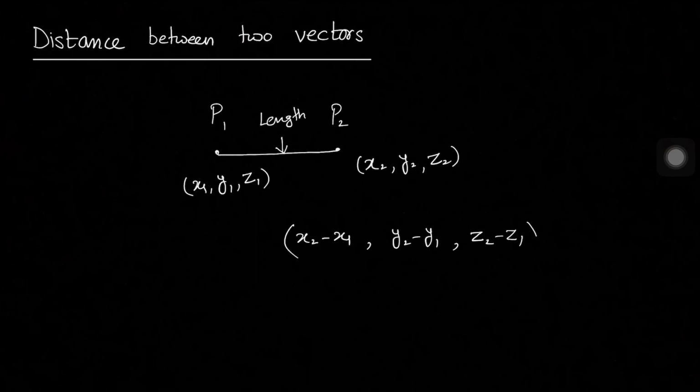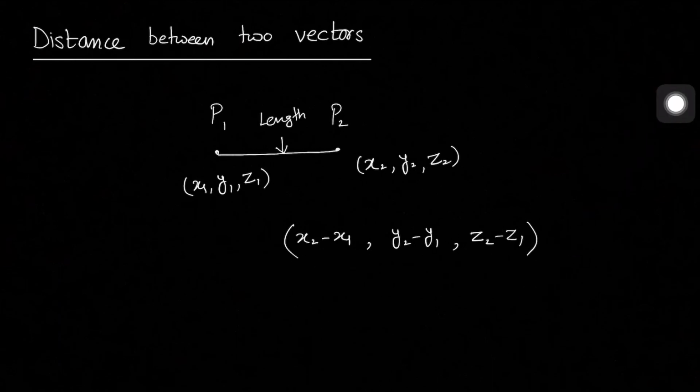So basically, in finding the distance between p1 and p2, we have to find the length of this vector. Two points are given. You can take any one as the tail and any one as the initial point or head. Just find the vector components and now find its norm.